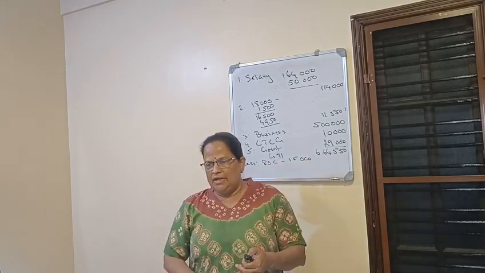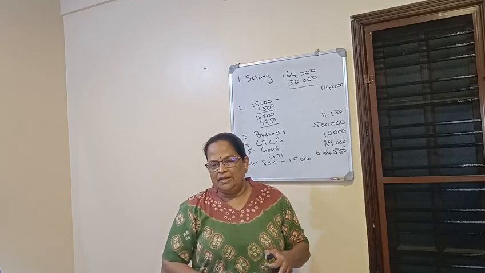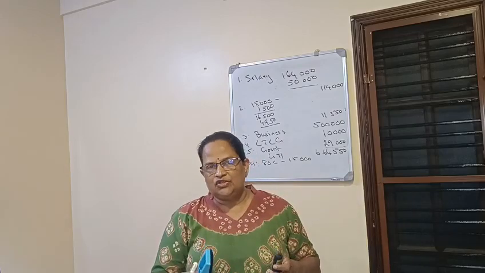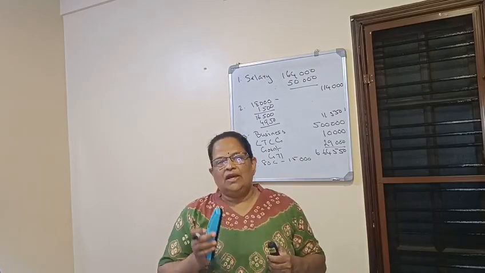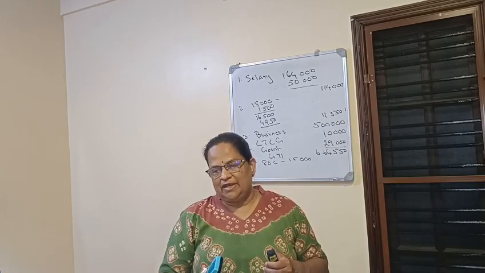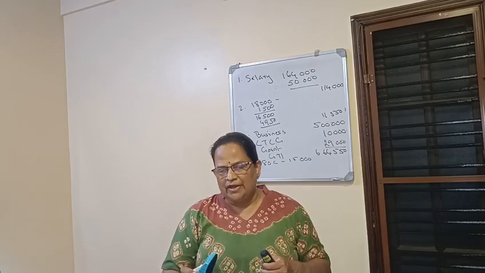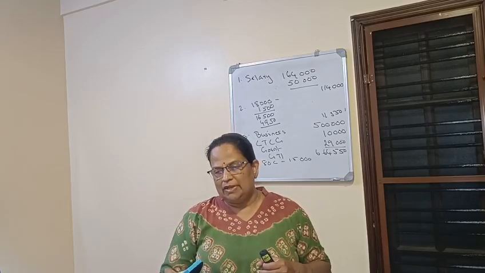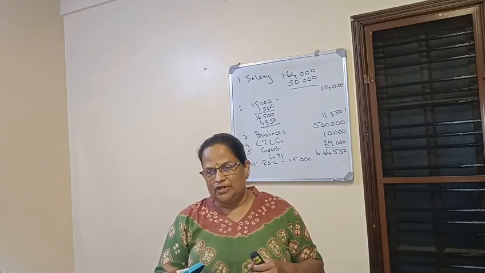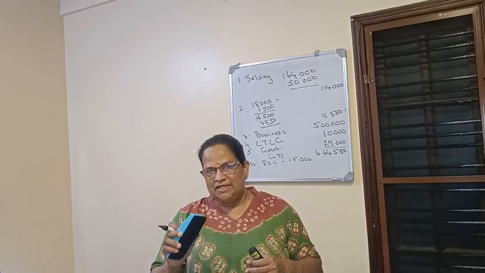Now the 80GG deduction we have to see. Statutory limit is 5,000 into 12, 60,000. Rent paid minus 10% of adjusted GTI. Adjusted GTI is 6,64,550 minus long-term capital gain 10,000 plus the 80C deduction 15,000 added back, which gives 6,39,550.